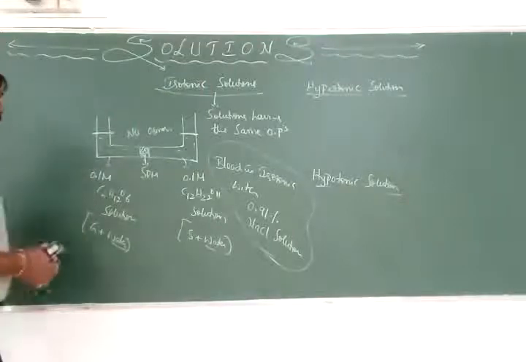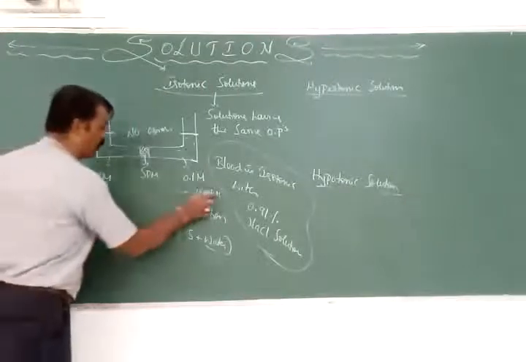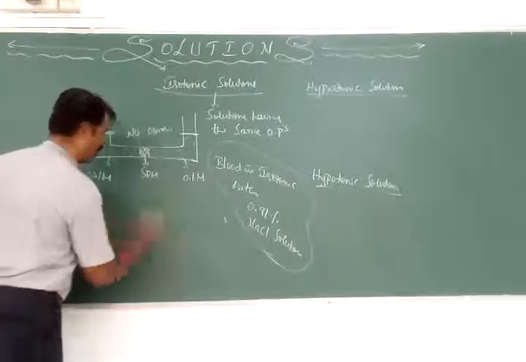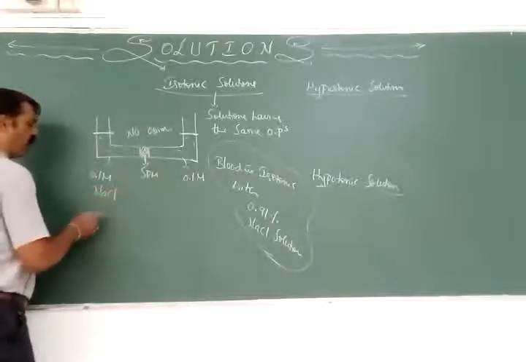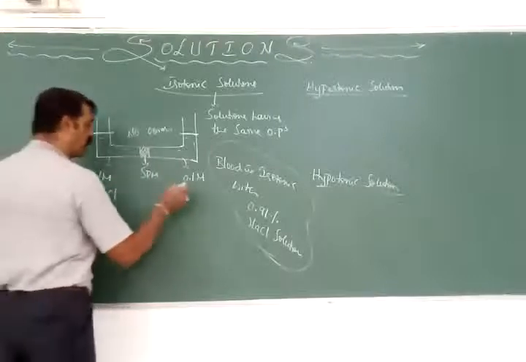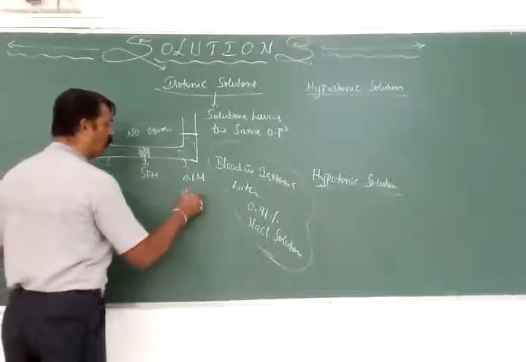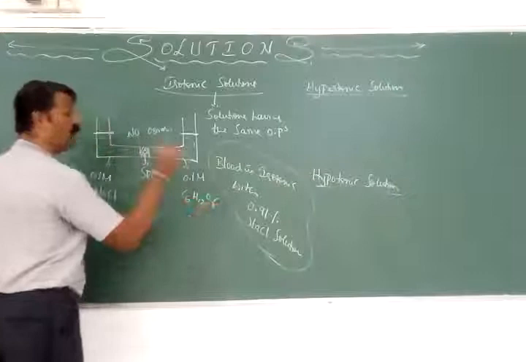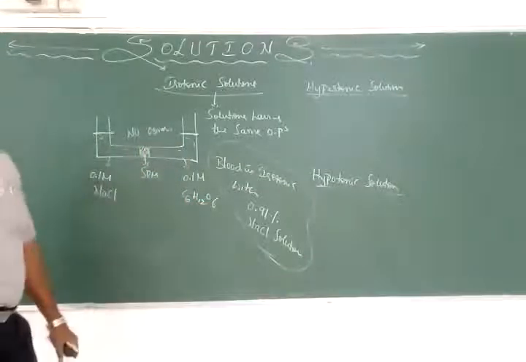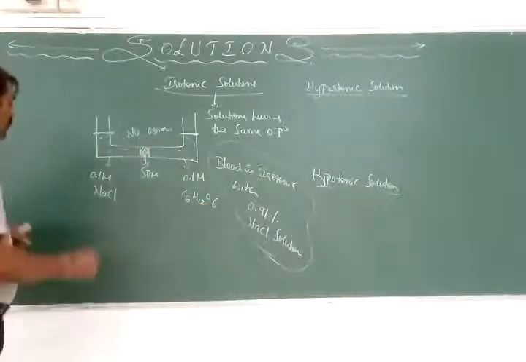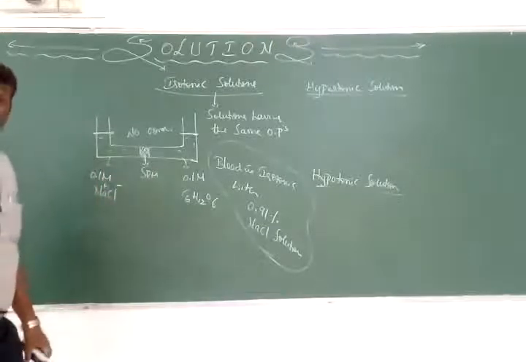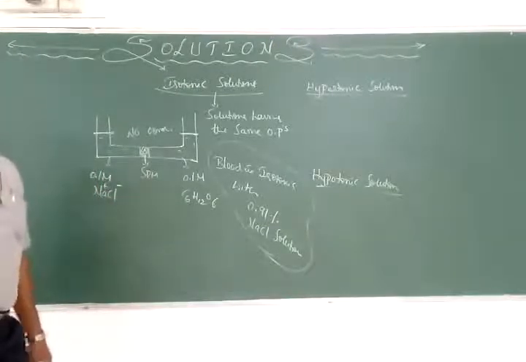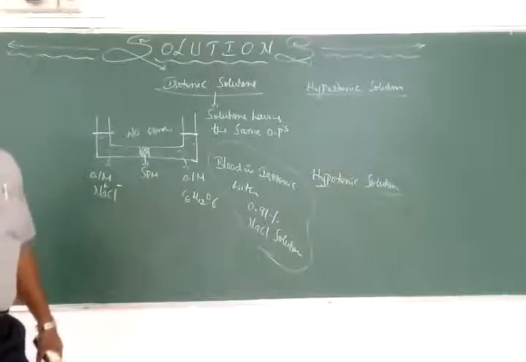Whereas, suppose I take, for example, 0.1 molar NaCl solution and 0.1 molar glucose solution. These two solutions are not isotonic, because NaCl consists of Na+ and Cl-, and the colligative property depends upon the number of solute particles, not the solvent.